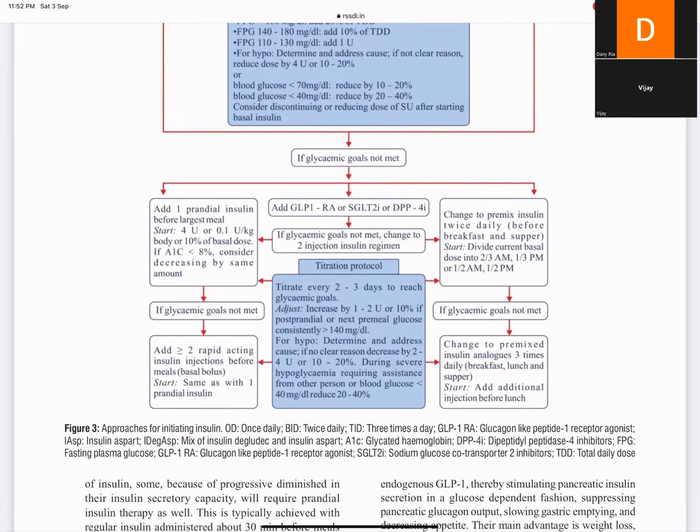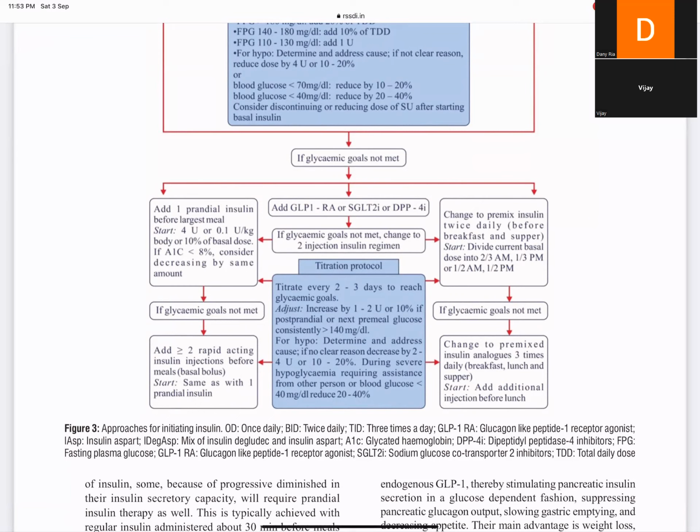So how to start? 0.1 units per kg or 4 units or 10% of basal dose. This is basal plus only, before the largest meal, one meal, the afternoon meal. Suppose in the basal plus regimen there is no glycemic control, we are adding more than 2 rapid acting insulin injections before meals.